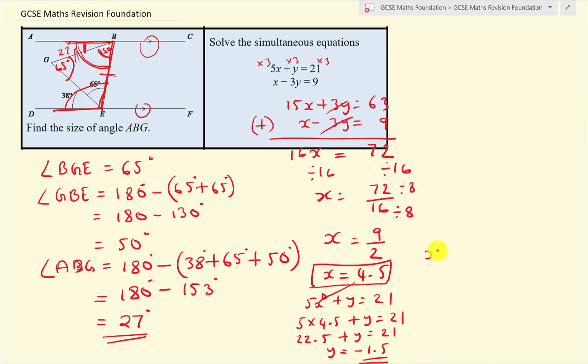So our values: x is equal to 4.5, y is equal to minus 1.5.